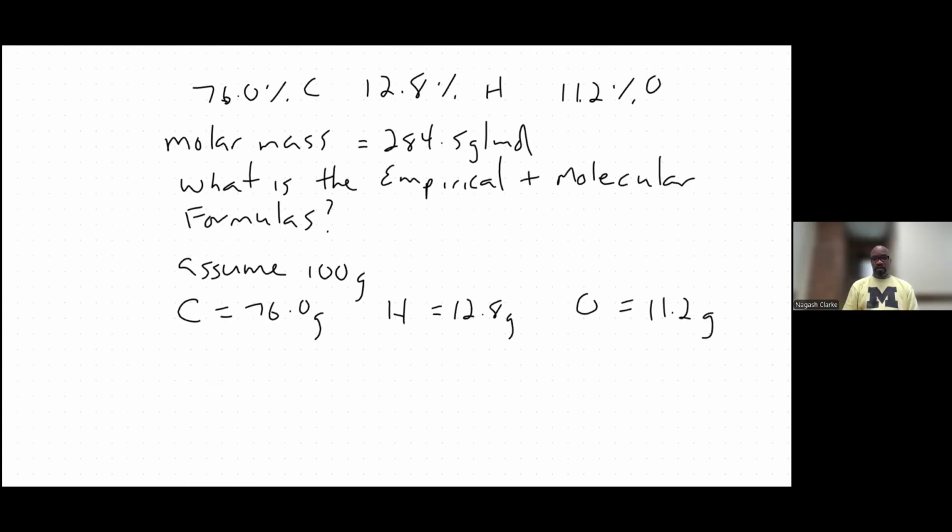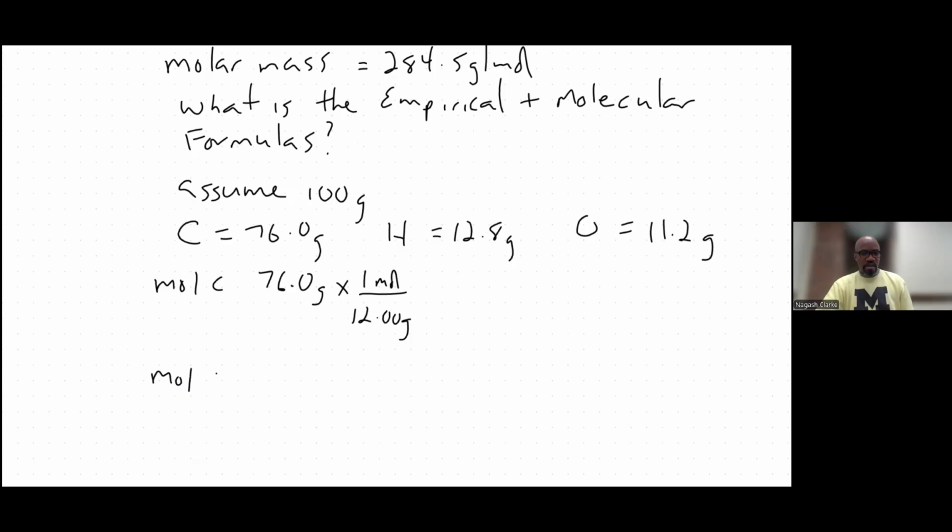Now that I have grams, I have to convert those to moles. So moles of C: 76.0 grams divided by the molar mass of carbon, 12.0 grams. Actually, let me do it in terms of conversions, so that we're always centering the units.